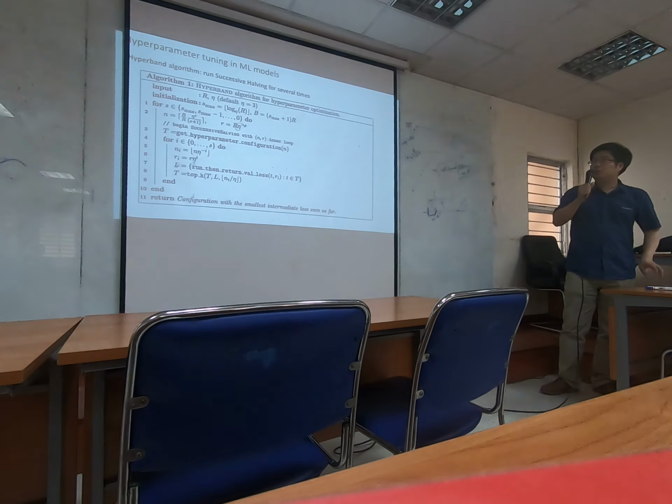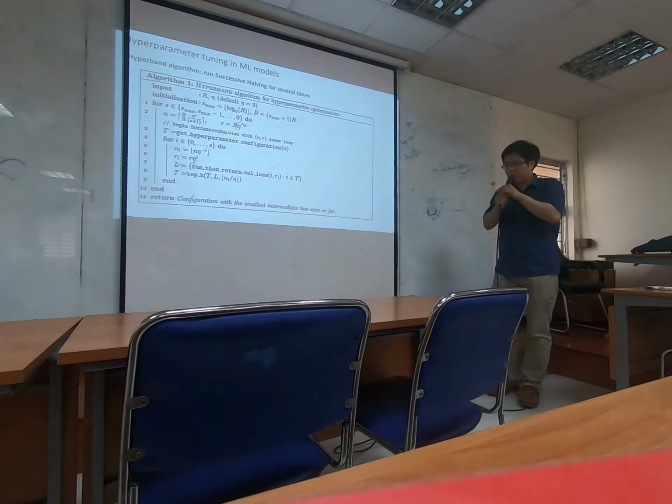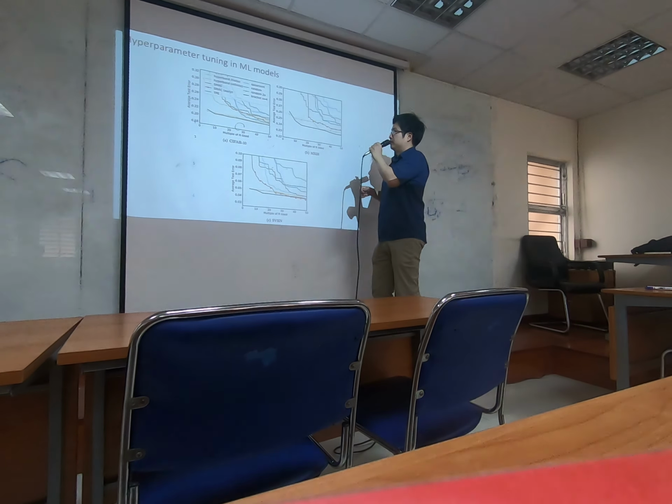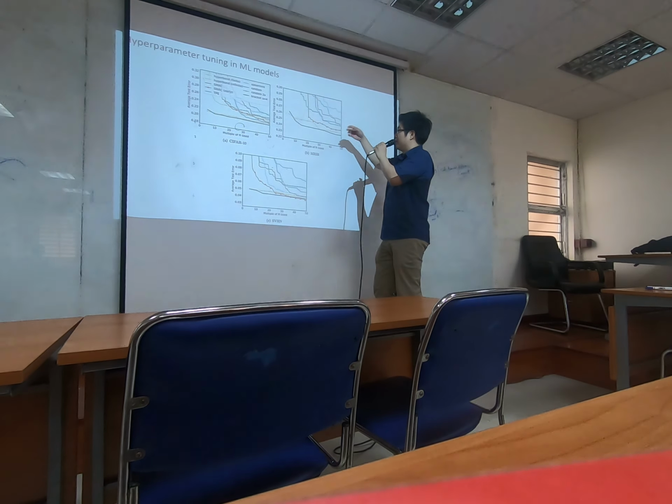So this is the algorithm. But the theory behind it is still bandit-like, because it starts pulling the arms, like when you allocate the resources to the models, you can actually pull it out. By doing this, they show that using hyperband algorithms, you get much lower test errors than any of the other baselines, like random search or grid search-based hyperparameter optimization.